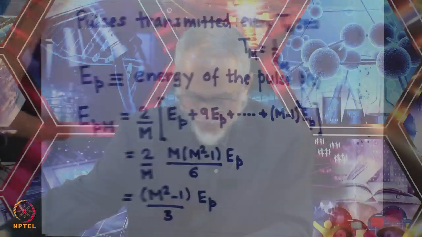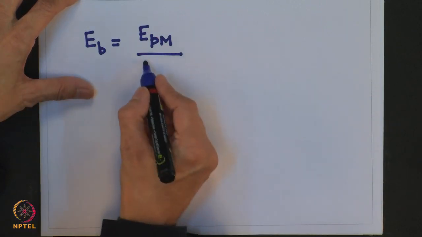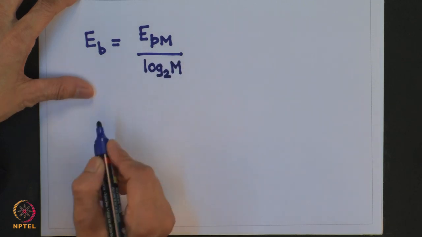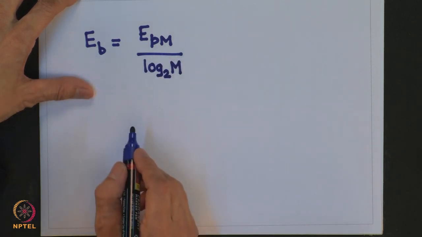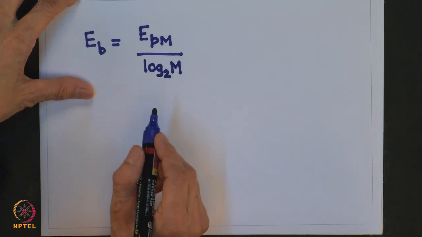corresponding to a message. So, from this we can calculate the average bit energy, which is equal to the average energy in the pulse divided by the number of bits which each pulse carries, which is log to the base 2 M, all being equiprobable.